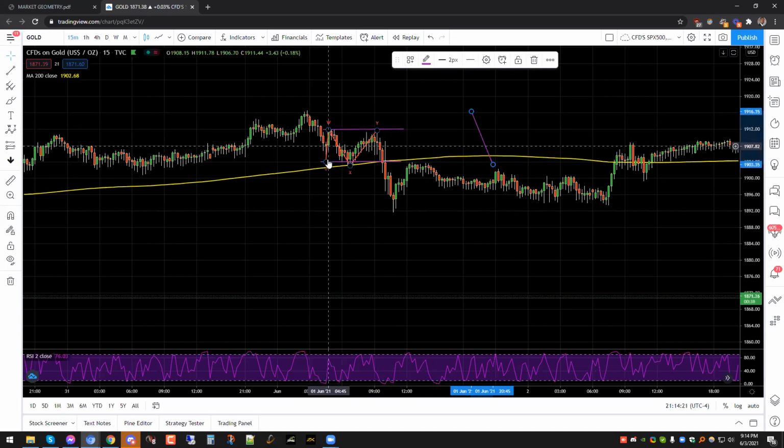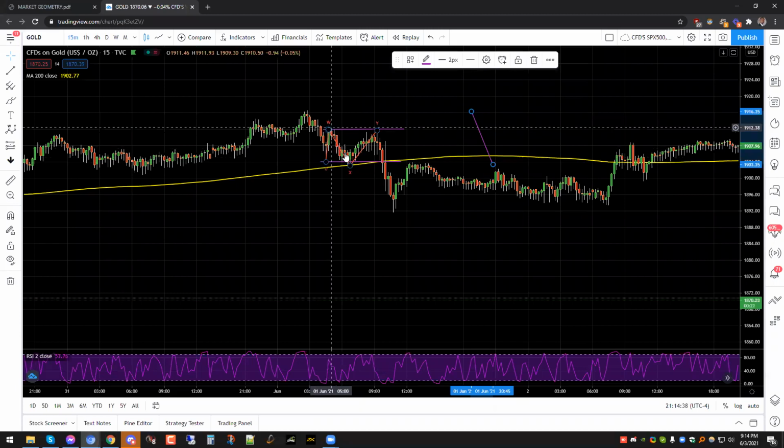We look at the pullback. Once we get the pullback, this area will become the low. And once this low is established, if price pulls back and retests the low, now we have this confirming as the high. Okay, so we have the first low, we have the first high, we have the retest of the low. So now all we're missing is one more wave to the upside.